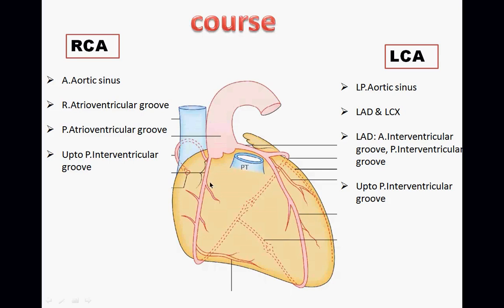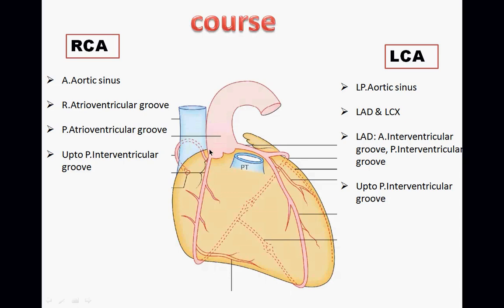Now I just want you to imagine a heart and then how the artery goes out. So it will be much easier for you to hold on to the next venous drainage part and the clinical application. So firstly, coming to the right coronary artery, like we already saw, it starts from the anterior aortic sinus over here, and it runs in the right atrioventricular groove down till the border where the right and the inferior borders of the heart meet.